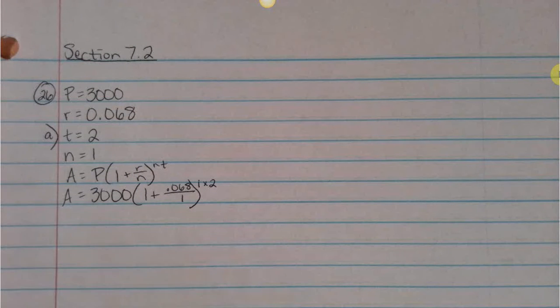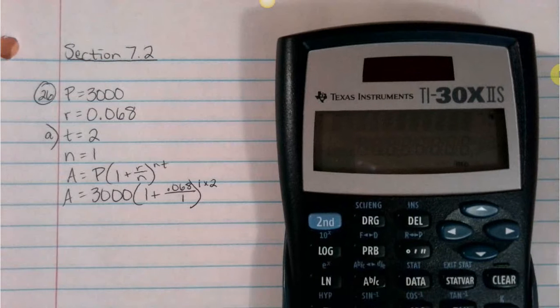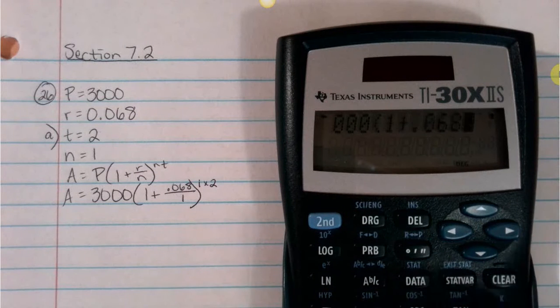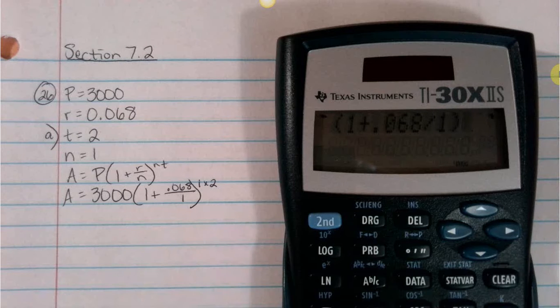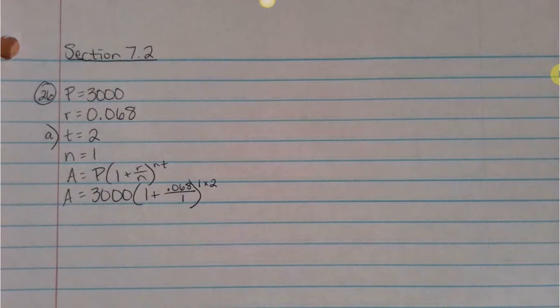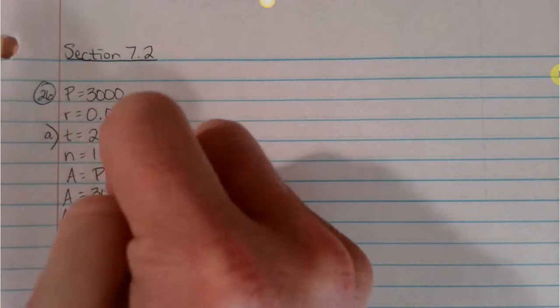So what that would look like to get it in our calculator, we'd have 3,000 parentheses 1 plus 0.068 divided by 1, close parentheses, exponent button, new parentheses, 1 times 2. And to the nearest cent, we get approximately $3,421.87.